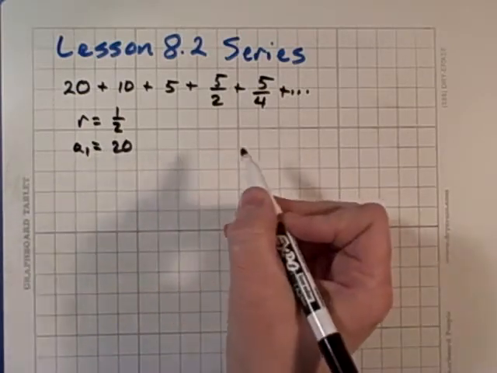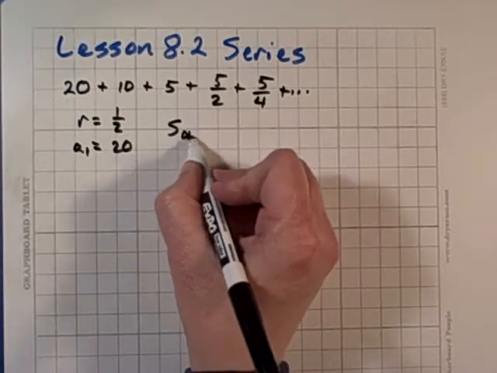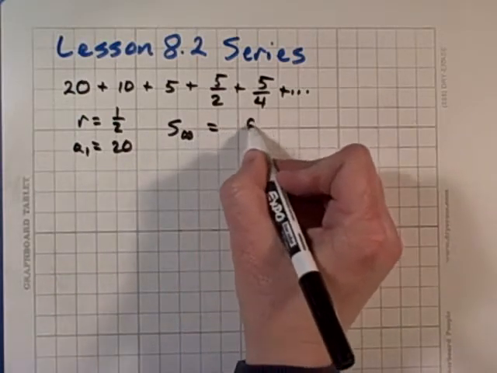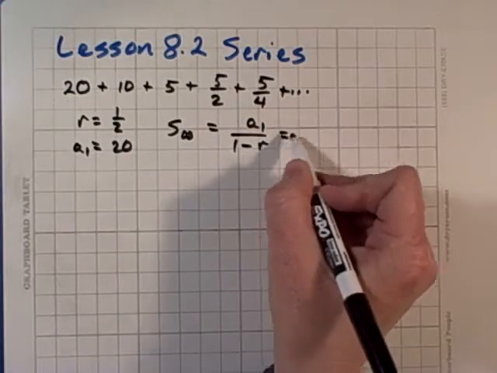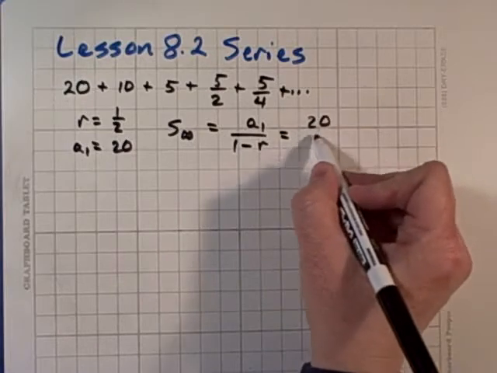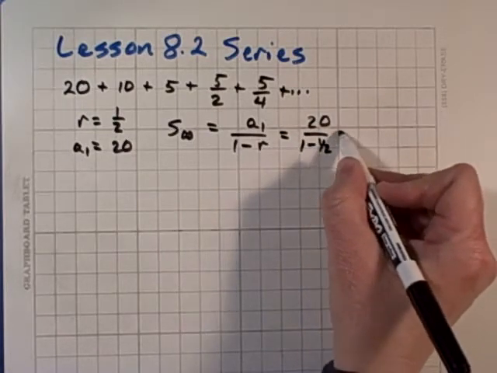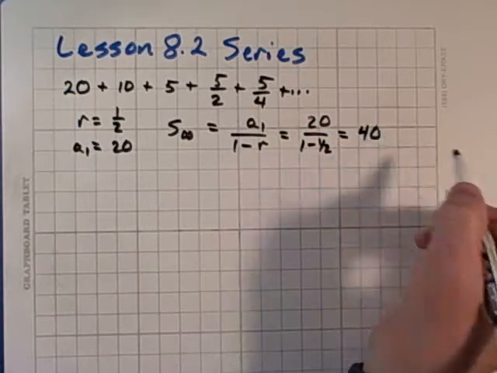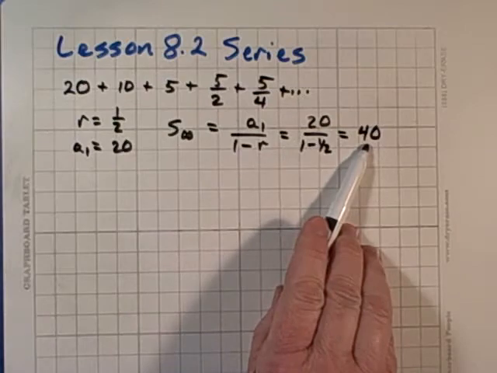And this lesson recreates a formula we've had in the past, that the infinite sum of a geometric is the first term, all over 1 minus the common ratio. For this problem, 20 all over 1 minus 1/2. Of course, that turns into 40. So the infinite sum is 40.